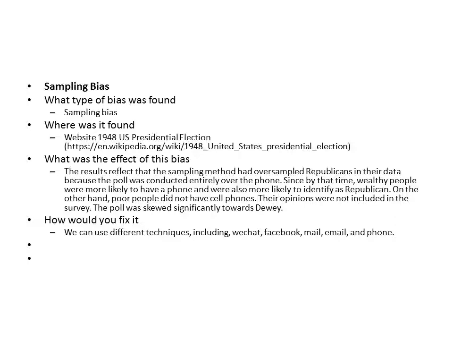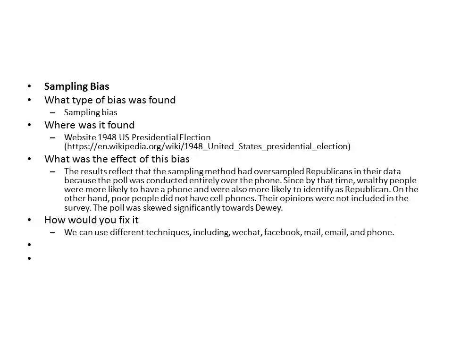That is the reason the results show that more people will vote for the Republicans. So the reason is sampling bias, because they used a specific sampling method, which is through the phone. So poor people are most likely not included, so their opinion is not included, and the results will not be very accurate.